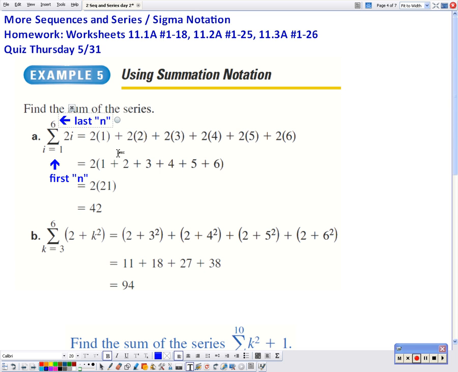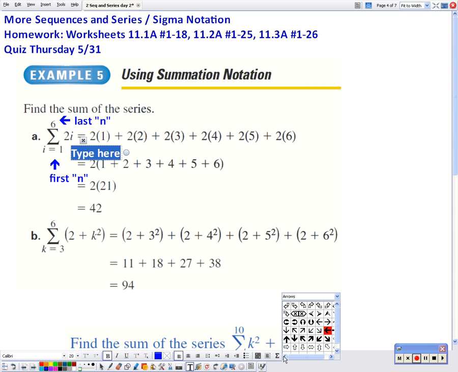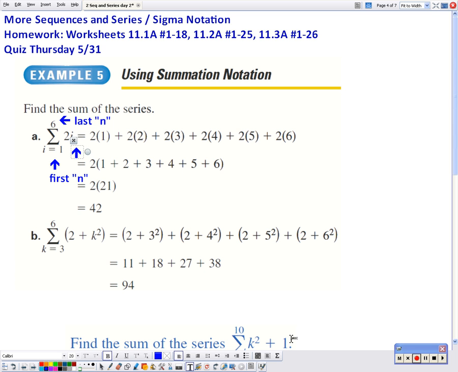And then right here we have our formula for the terms. The formula here was 2i. Our first n was 1, our last was 6. So 2 times 1, 2 times 2, 2 times 3, all the way up. And then the sigma means sum of all these terms.